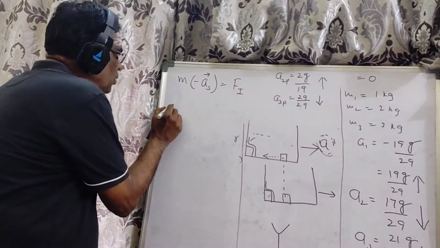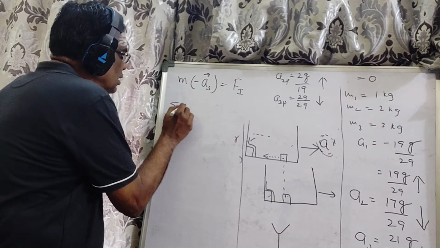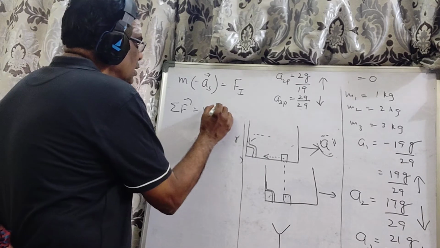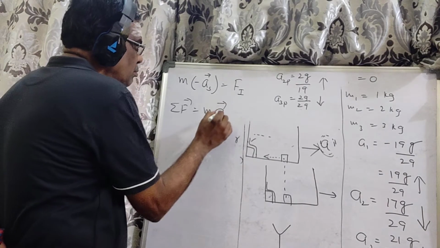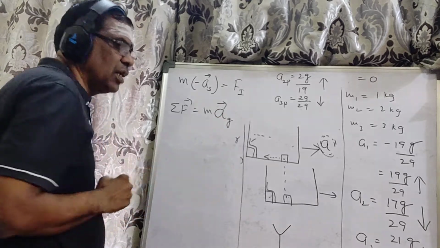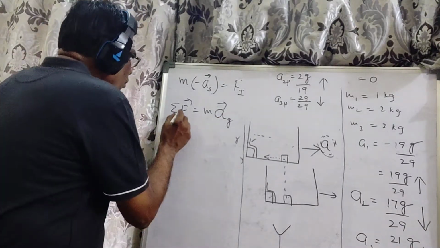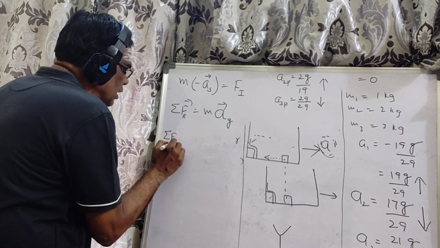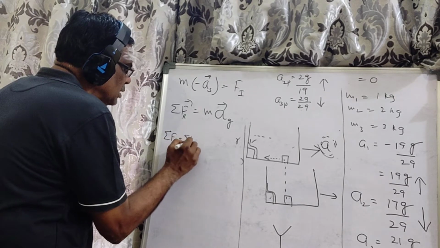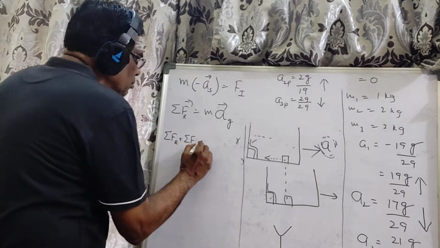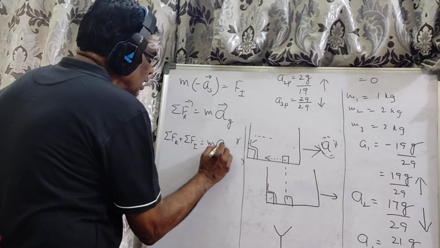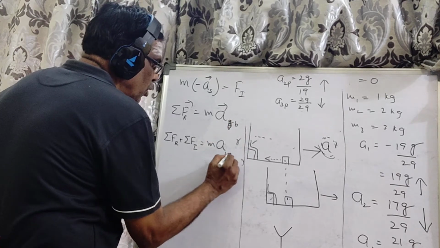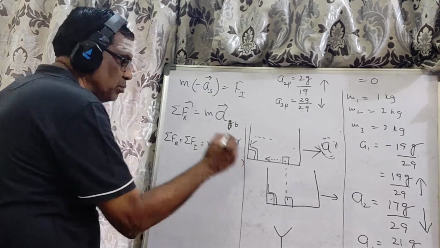Now I'll give you an interesting thing. Sigma F bar is equal to m a, with respect to, say, ground, fixed point. Now if I take real plus imaginary, then I will get acceleration of, I'll say body B, body with respect to system.